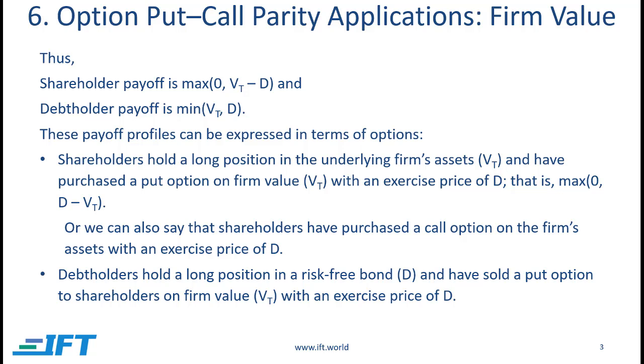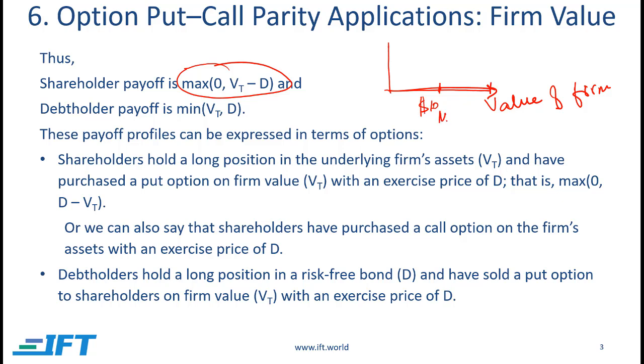Therefore, we can say the payoff for the shareholders is the maximum of either zero or the difference between the value of the firm minus the debt value. So let's say this is the value of the firm, and if it goes up a lot, right, let's say this is $10 million and this is $20 million.